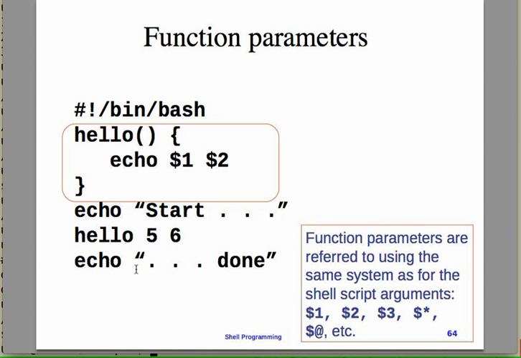No, it isn't. It's actually the first argument to this function, and you don't have to specify what types they are. So function parameters are referred to using the same system as shell script arguments, but the $1 over here refers to the first argument supplied to this function itself.